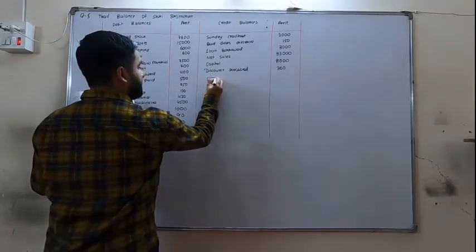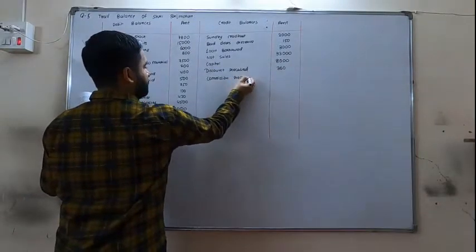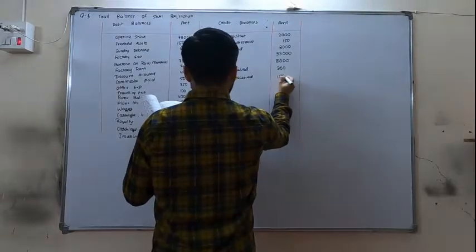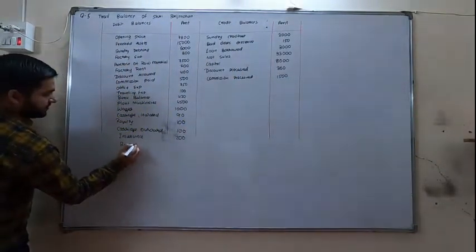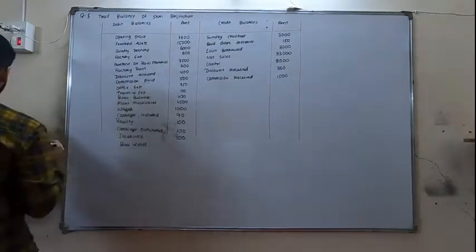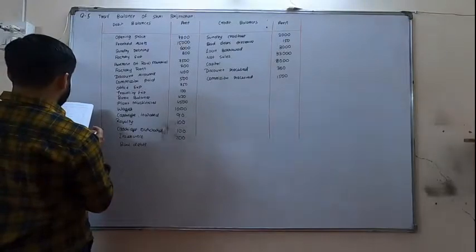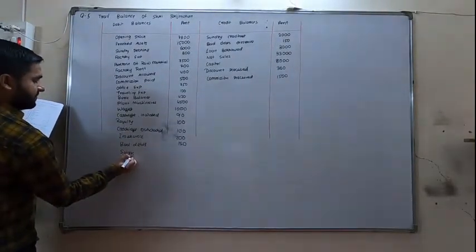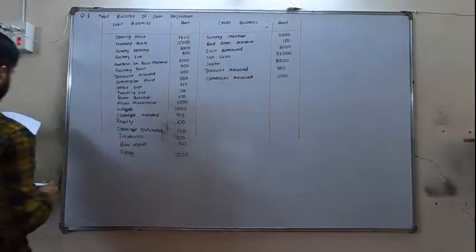Commission received is our income, so on the credit side 1500. Bad debts is a type of loss, so on the debit side bad debts 150. Salary is also an expense, so on the debit side salary 1000.